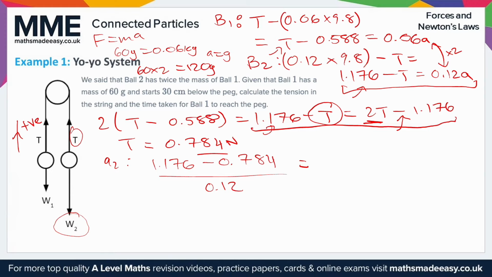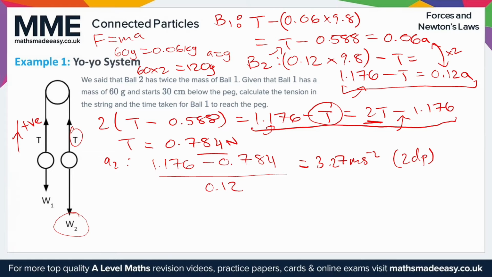That gives us 3.27 meters per second squared, to 2 dp. So we have the acceleration of ball 2, that's 3.27 meters per second squared.